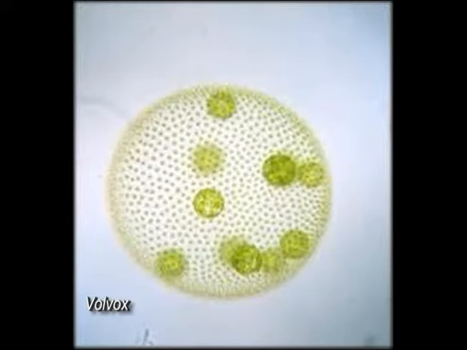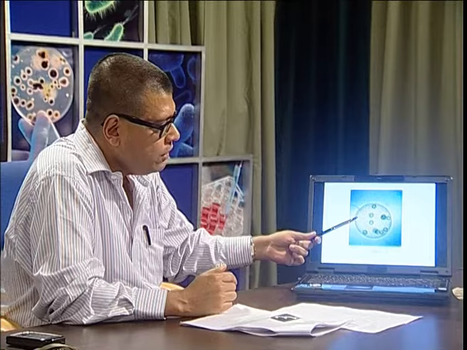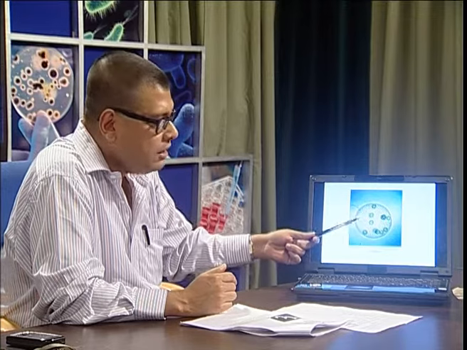And these forms are the green algae, the yellow-green algae, the brown algae, the red algae. We will start with the colonial green algae here, which is the volvox. The volvox is formed of a colony of cells where the outer cells are actually having flagella, so they help in locomotion.